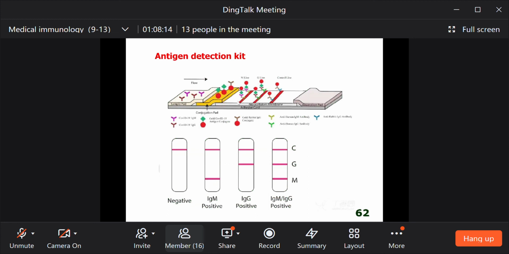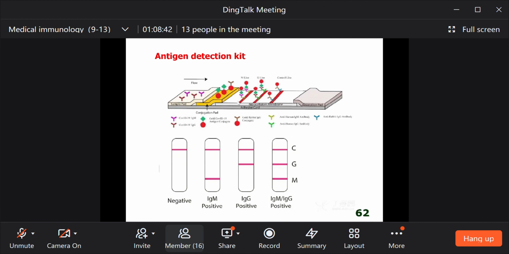If the sample has the relative antigen, they will combine with each other and display an obvious line. It means the reaction happened, marked as a positive result.